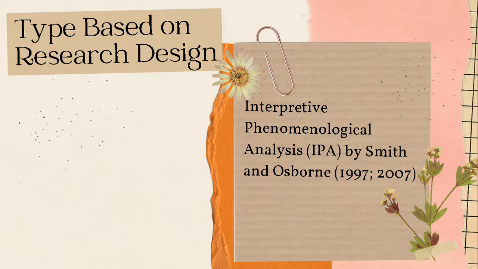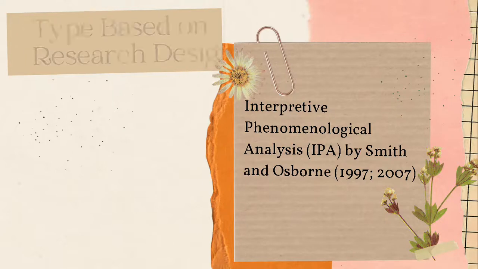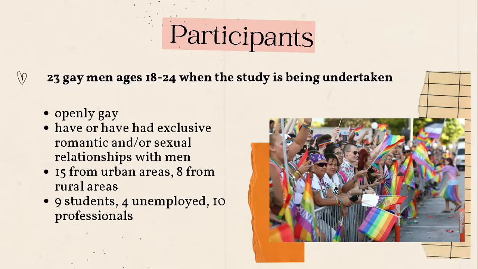This paper is a qualitative phenomenological research that uses interpretive phenomenological analysis or IPA by Smith and Osborn of 1997 and 2007. The participants of this study were 23 gay men aged 18 to 24 years old at the time of the study.